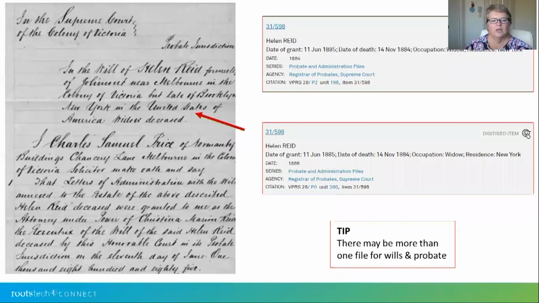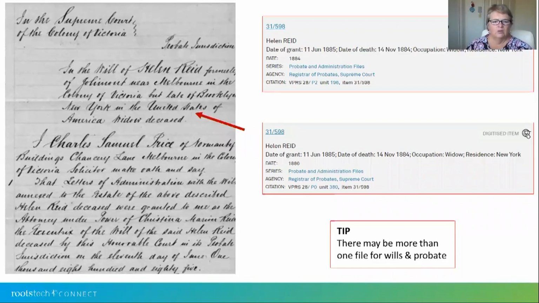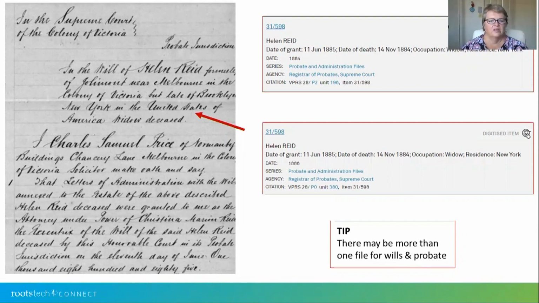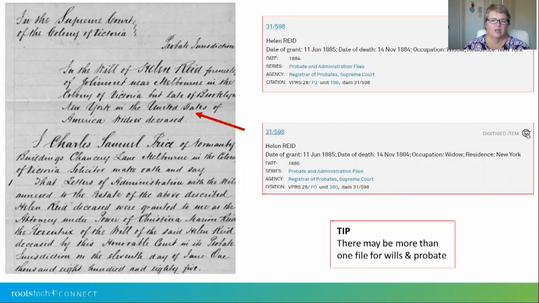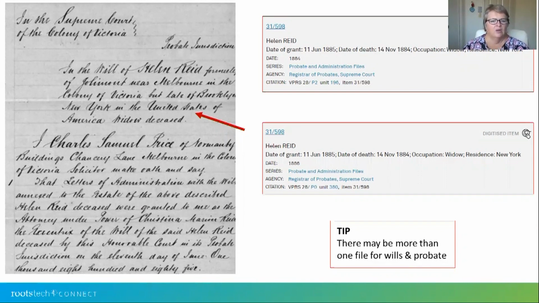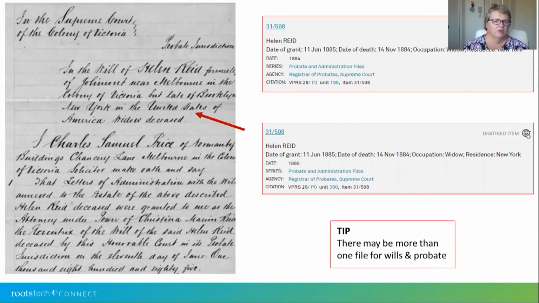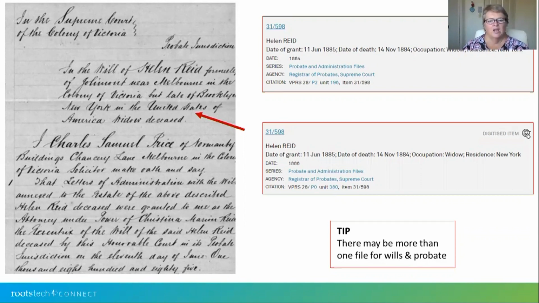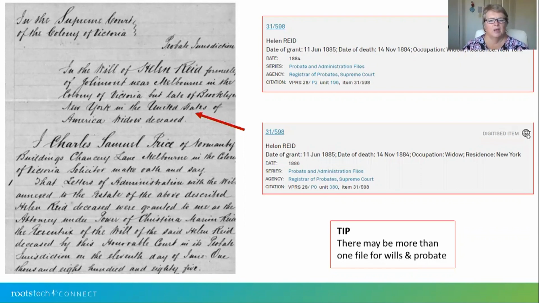An example from a digitised will. Again, I used United States as a search term. I have Helen Reid here, who was in Jolimont near Melbourne, but later Brooklyn, New York in the US. And she's died here, but she was formerly in New York.